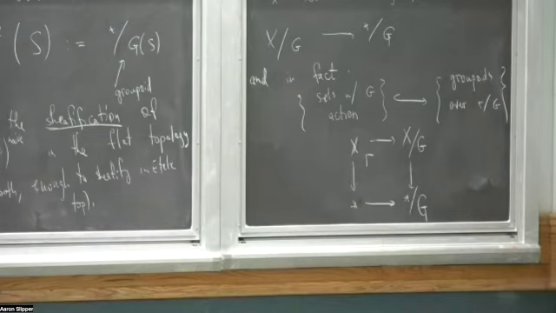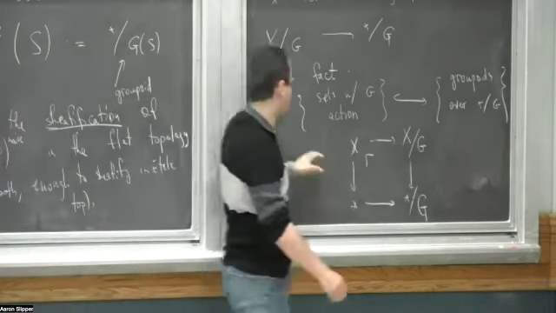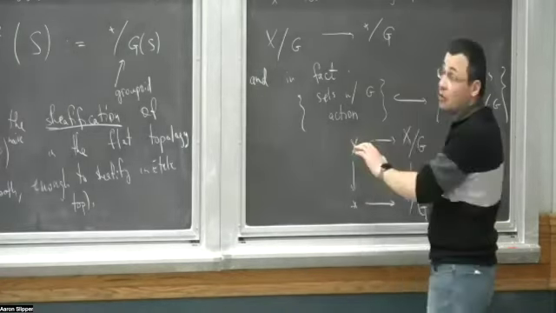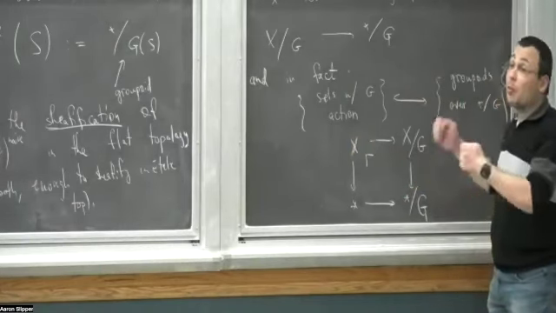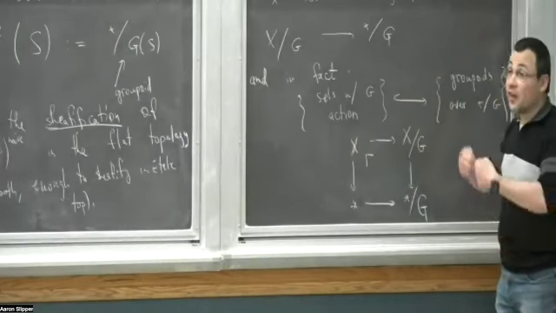The point is the same thing is true in the world of stacks. You just put parentheses S everywhere and you sheafify, and all of those preserve this. Parentheses S, well, that doesn't do anything. As I told you, the fiber product is computed pointwise, and sheafification preserves fiber products.